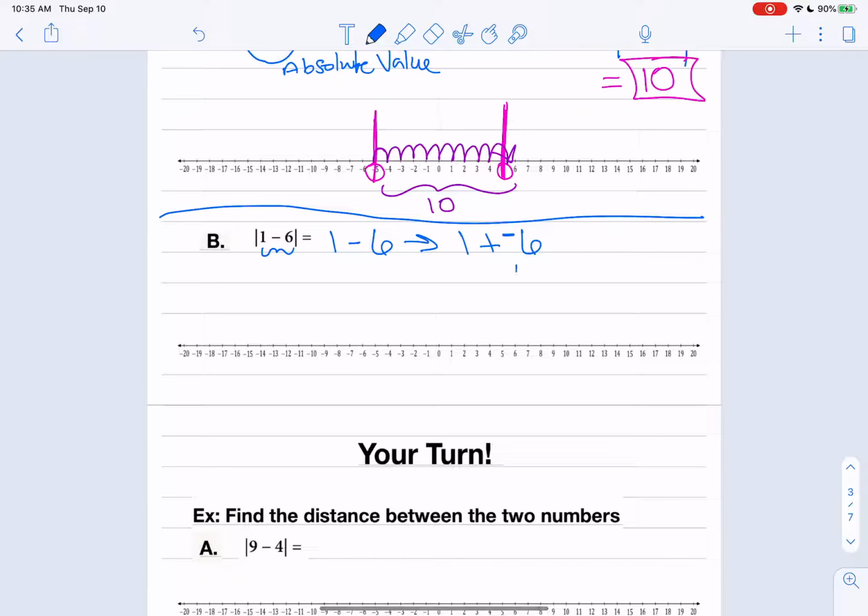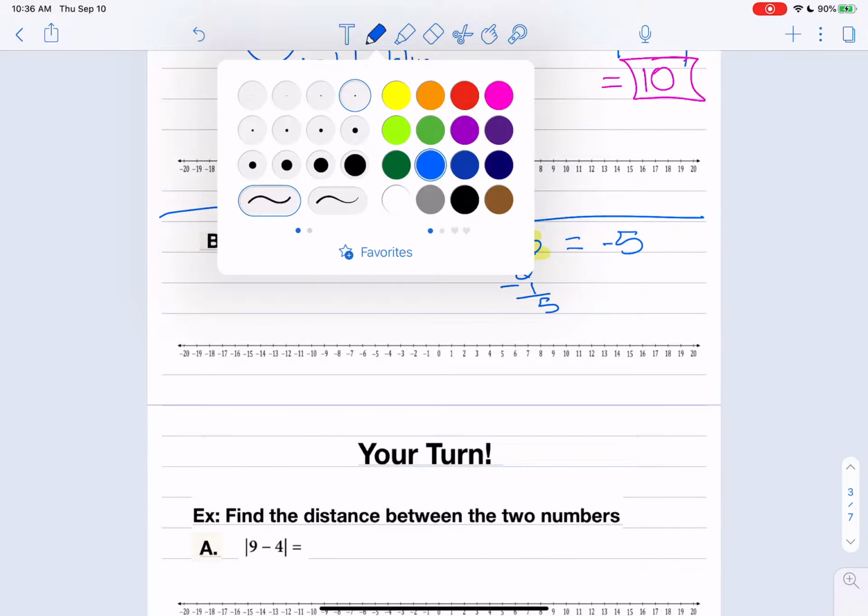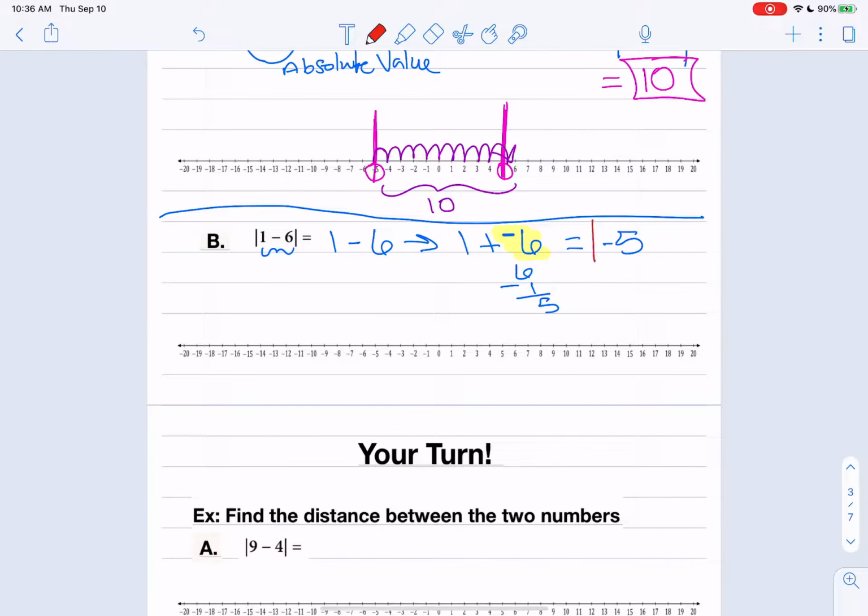So 6 minus 1 is 5. And the bigger number is 6, and it's negative, so our answer is going to be negative 5. Okay, so now I can go ahead and take the absolute value of negative 5. And remember, absolute value is always positive because it's distance, and we get an answer of positive 5.